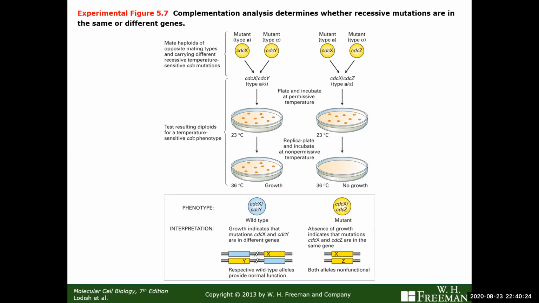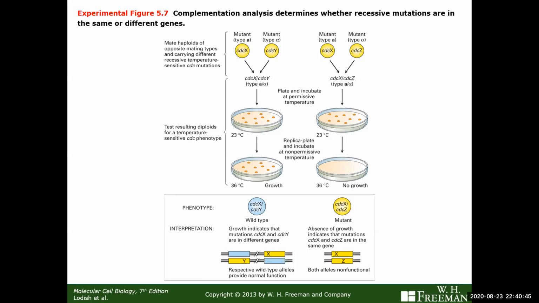In the diploid, one haploid set came from CDCX, another haploid set came from CDCY. So when they are together, imagine the mutation is in different genes. CDCX is mutated in X gene, CDCY is mutated in Y gene.